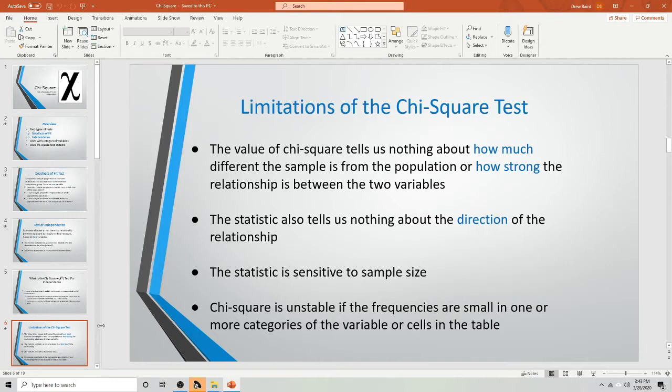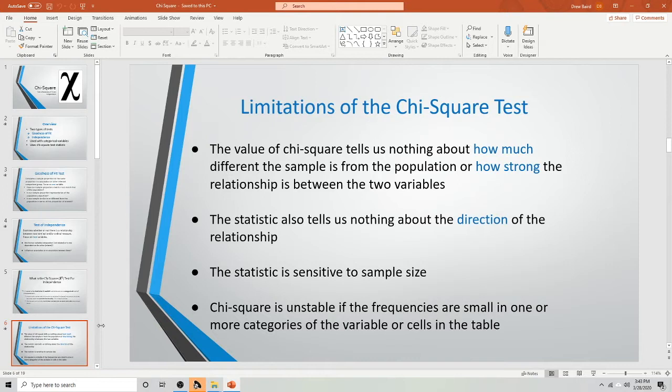And lastly, chi-square statistically starts to become unstable when you add more and more categories to your variables. And so it's less effective when you've got a lot of different categories within a nominal variable. So for instance, if you were to do a chi-square test, either of goodness of fit or of independence, and one of your nominal variables is race, the chi-square test is going to be more effective if you have relatively few categories in that.